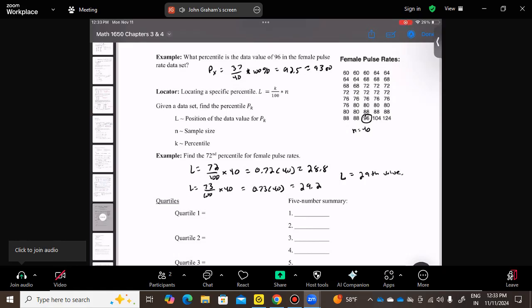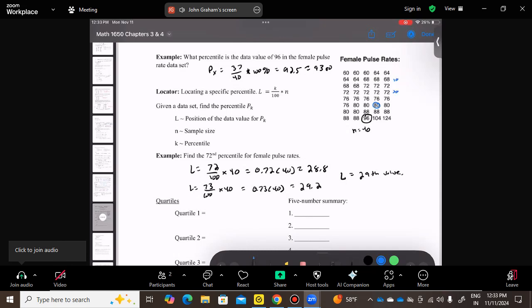So the 29th value here, we'll count it. 5, 10, 15, 20, 25, 29, so 80. So P72 is equal to 80.